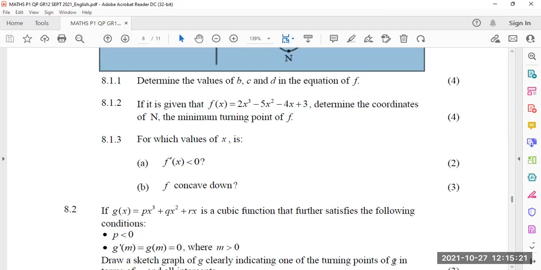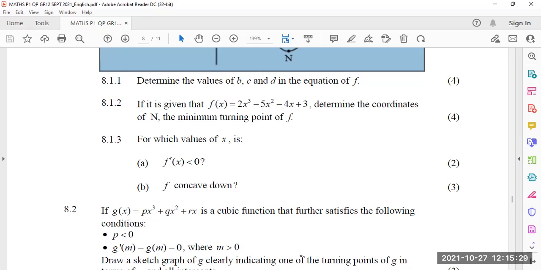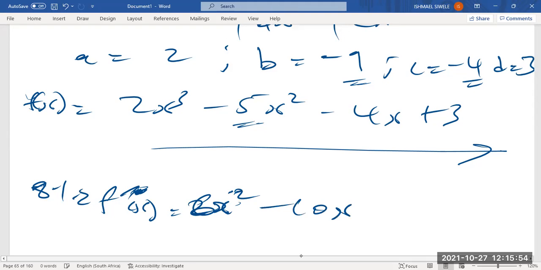So how do you get the turning point? This is 8.1.2. You know that to get the turning point, we derive. So f prime of x is going to be 6x squared minus 10x minus 4, right?